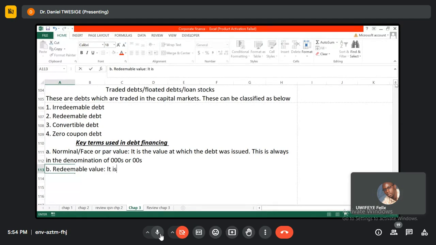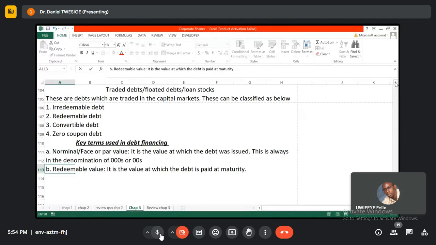So it is the value at which the debt is paid at maturity. The value at which the debt will be paid at maturity, or the value of the debt at maturity. But that's not the market price, but the value at which you are going to pay that debt at maturity.